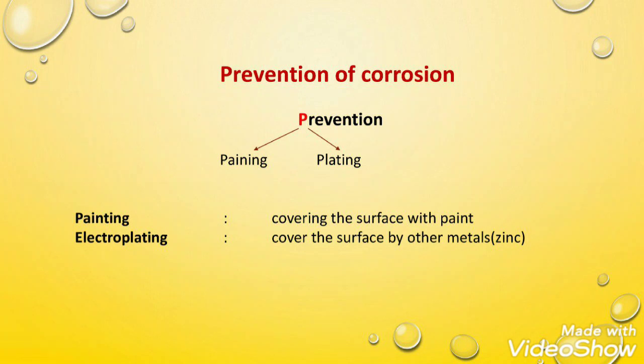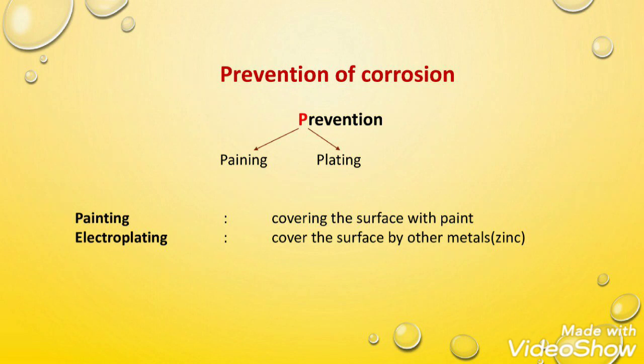Now, how to prevent corrosion? In the word prevention, we get 2 answers. The first letter P: P for painting, P for plating, that is electroplating.